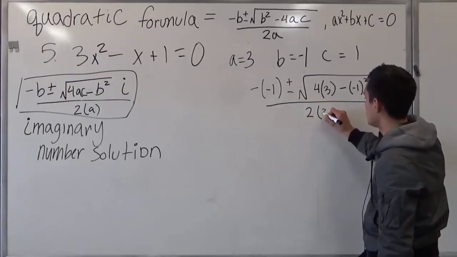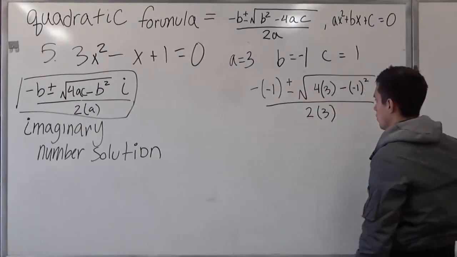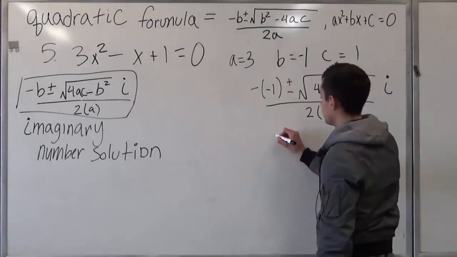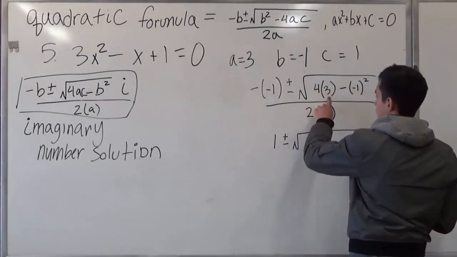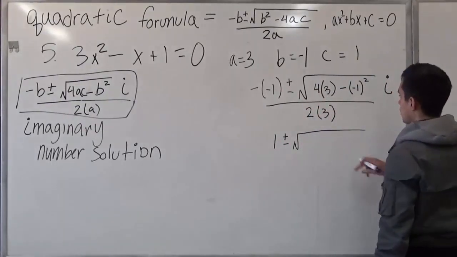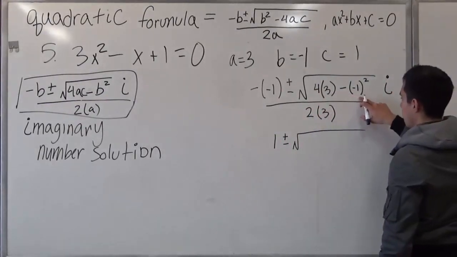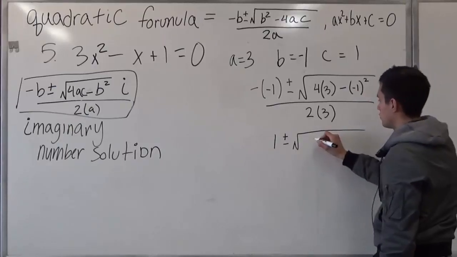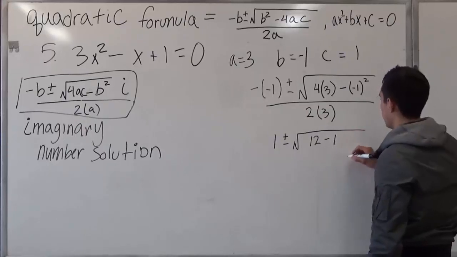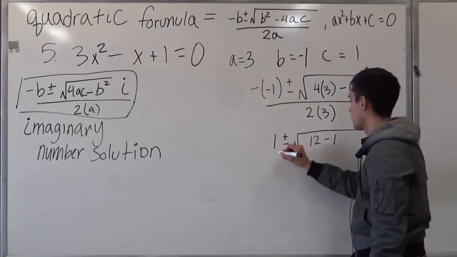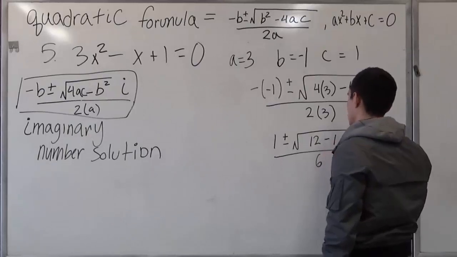over 2 times 3. So what we know, negative times a negative, positive 1, plus or minus 4 times 3 is 12. 12 minus positive 1, because negative 1 squared is positive 1. So that just becomes 12 minus 1 times i over 6.